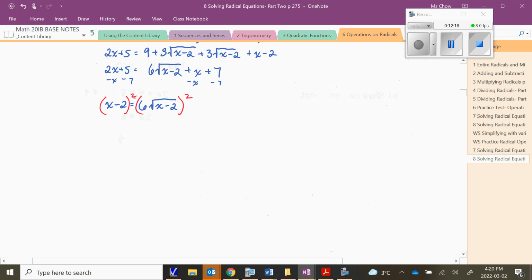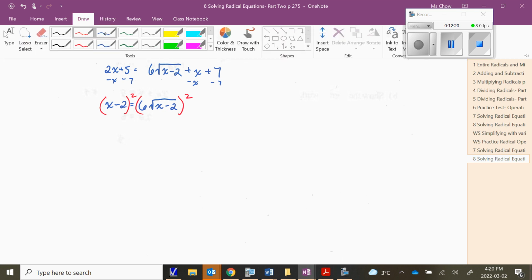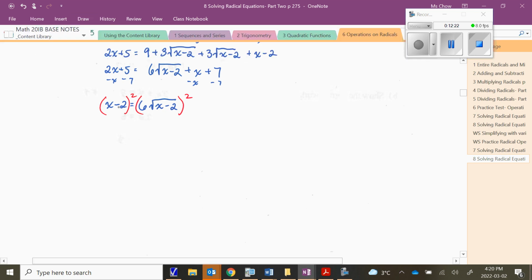And so squaring the left side, because it's a binomial squared, we're going to FOIL, so x squared minus 4x plus 4. On our right side, we've got 6 root x minus 2 times 6 root x minus 2, so that is 36 times x minus 2. So that will need to get distributed in.